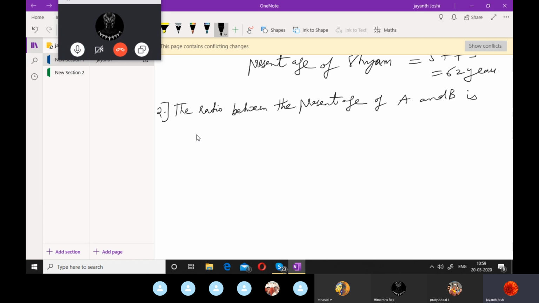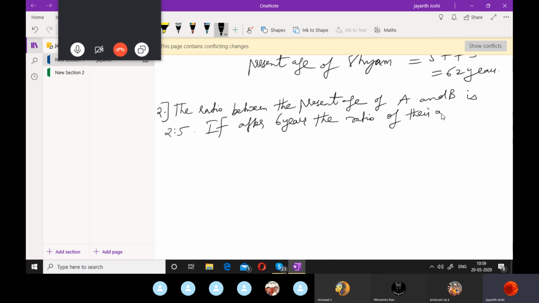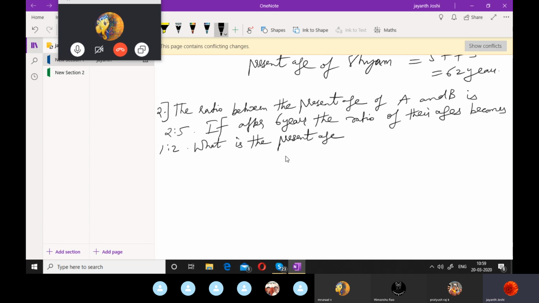Stop. If after 6 years the ratio of their ages becomes 1:2, full stop, what is the present age of B?